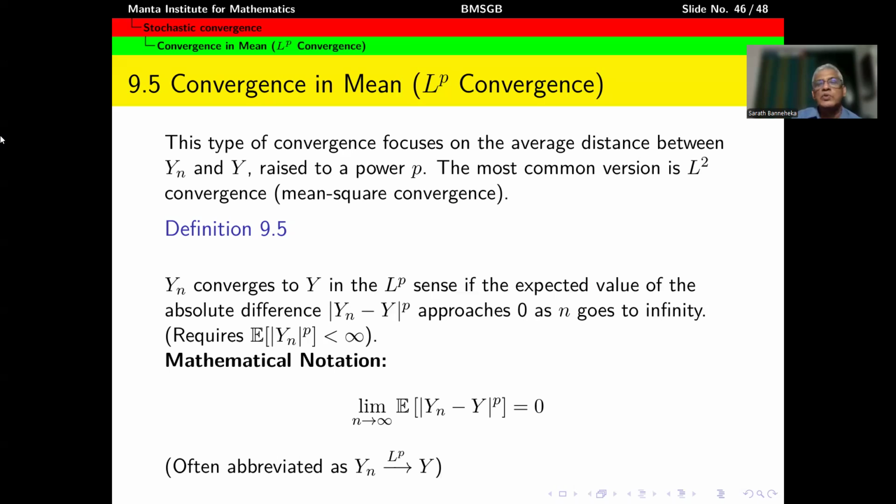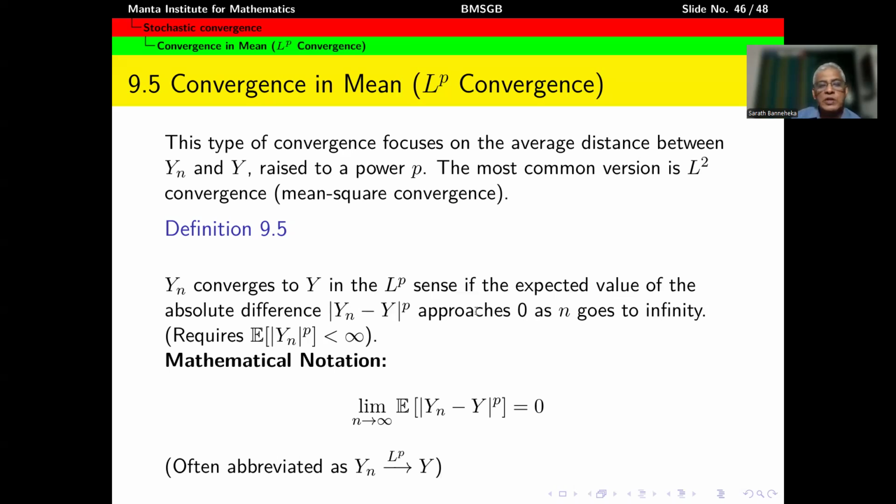So the most common version of LP is L square, where P is 2. But in general, we say the sequence Yn converges to random variable Y in the LP sense if the expected value of the absolute difference of Yn minus Y to the power p approaches 0 as n goes to infinity.